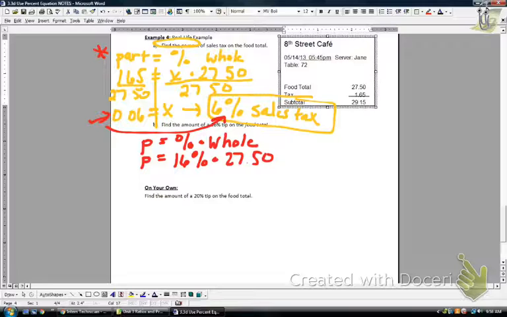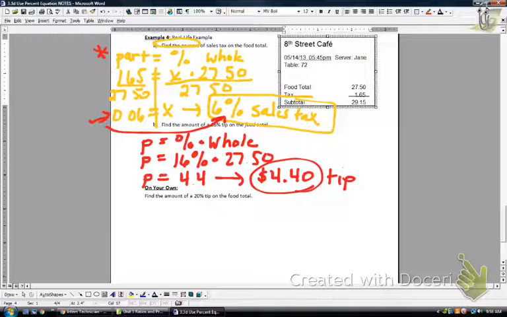So in my calculator, I'm going to do 16% times 27.50. And when I do that, I get 4.4. That is not how we write money. So my answer, the amount of tip that I'm going to leave is $4.40. And I guess I could even label that as tip.